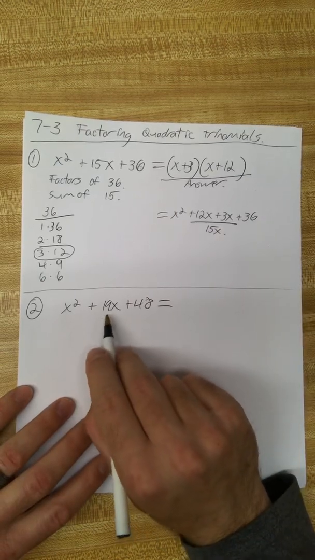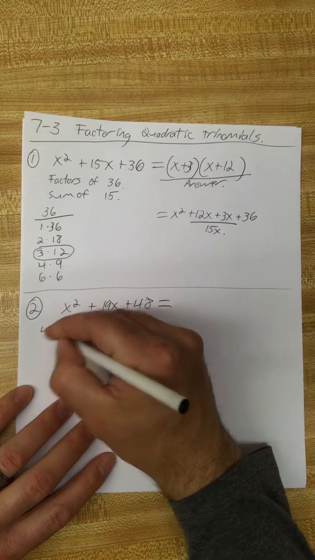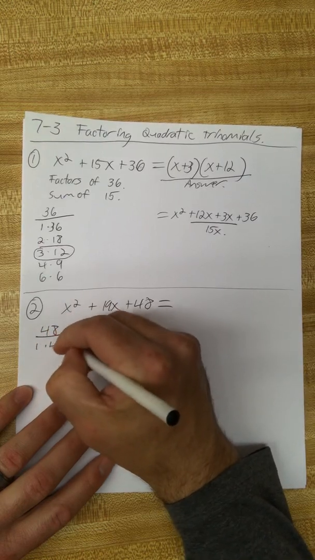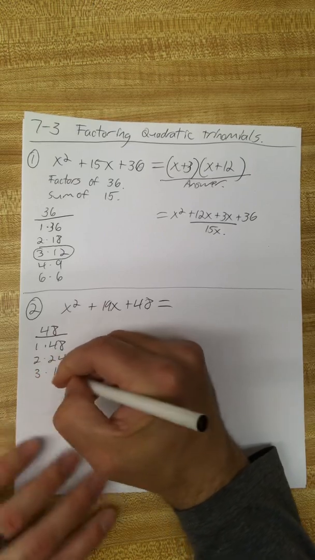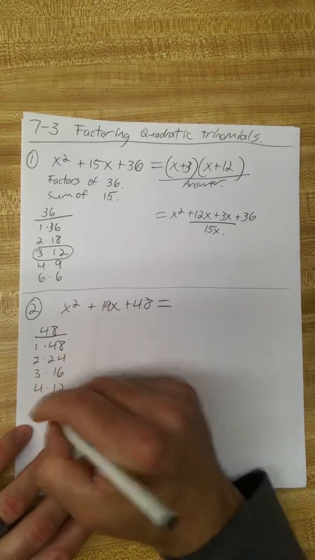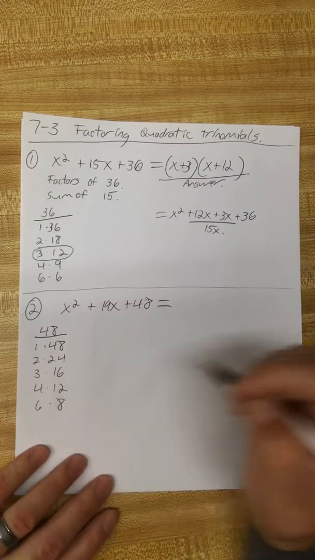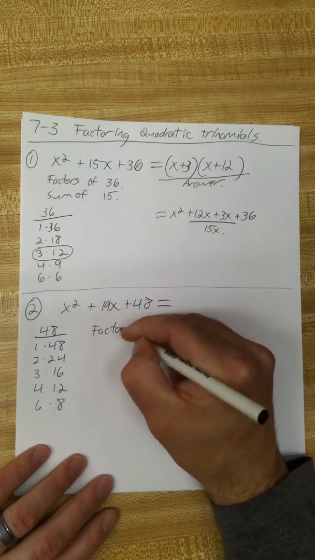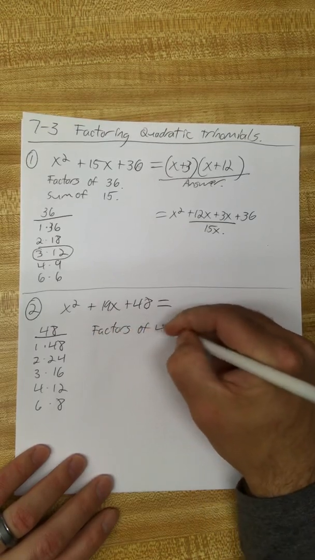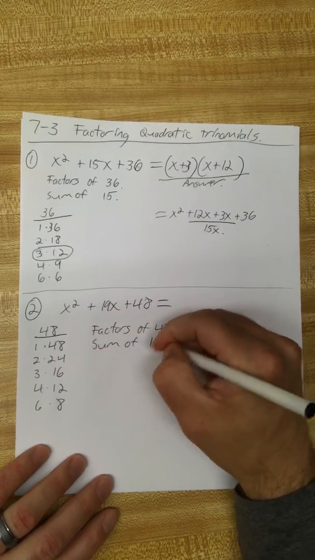So x squared plus 19x plus 48. Again, the first thing I'm doing in this problem is listing factors of 48: 1 times 48, 2 times 24, 3 times 16, 4 times 12, 6 times 8, and that's it. Factors of 48, sum of 19.